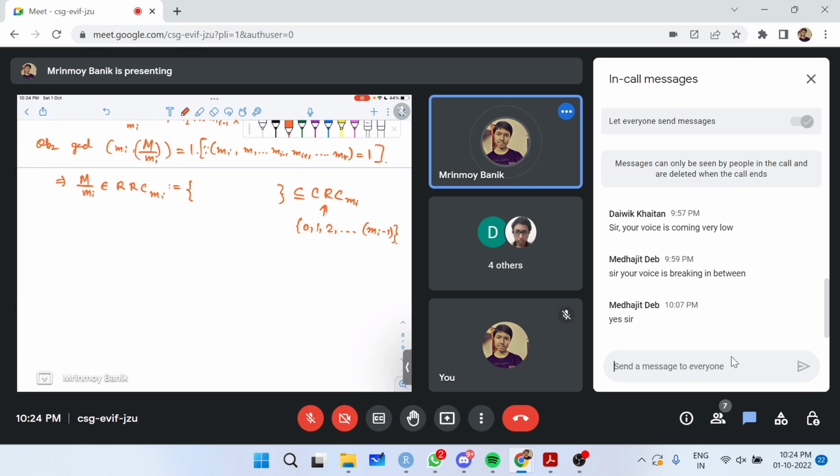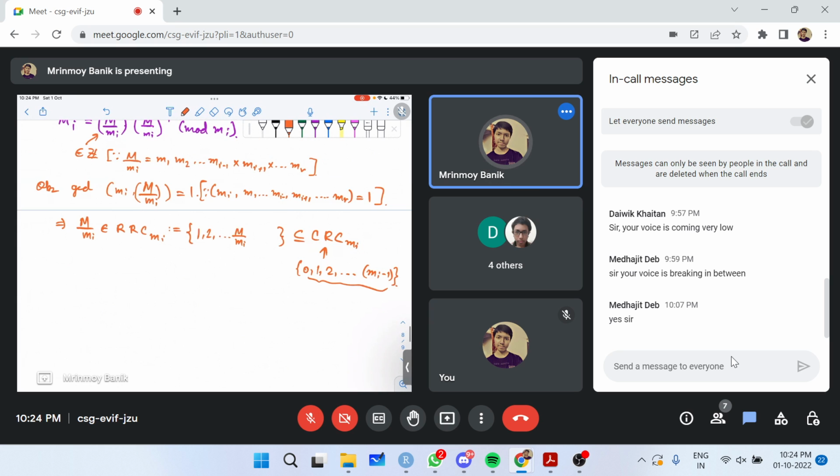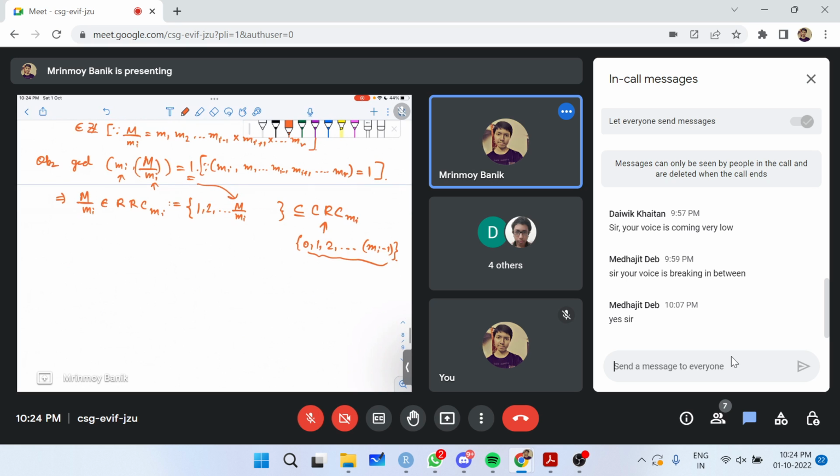And the reduced residue class is all those numbers in this set which are relatively prime to M. So M by mi must be in this set since the GCD of mi and M by mi is 1. They're relatively prime, so it has to be in this set by definition. And whenever things are in this set, they have an inverse.